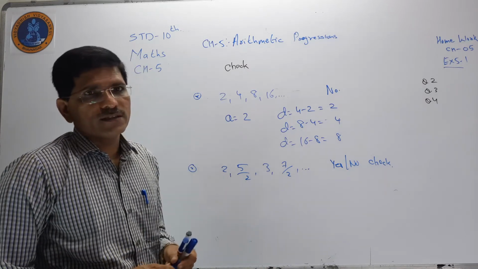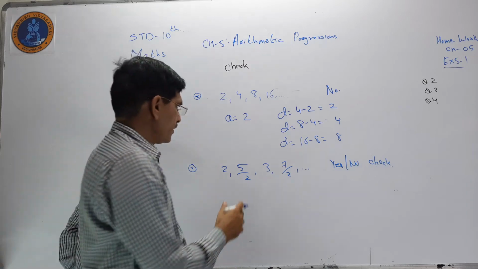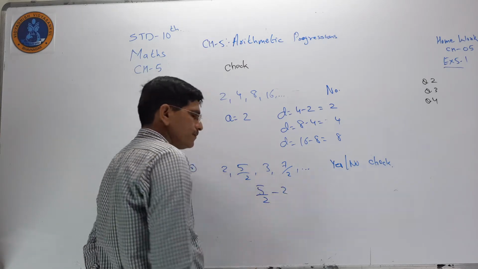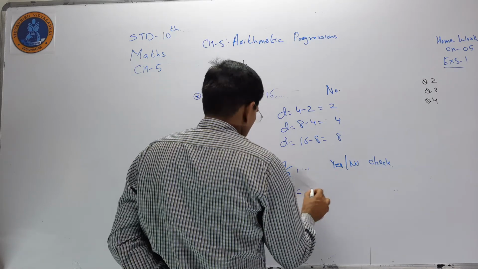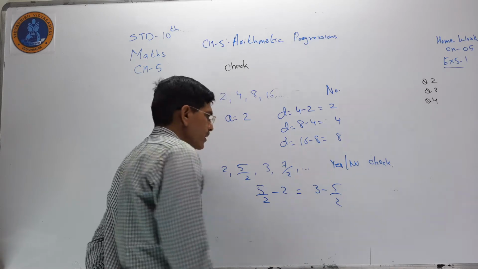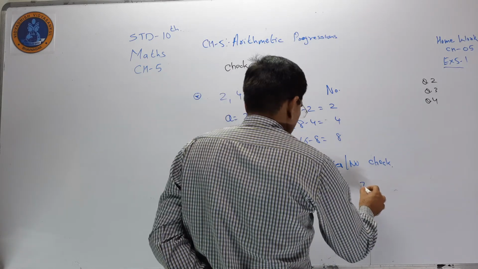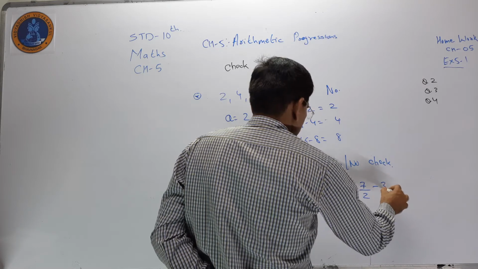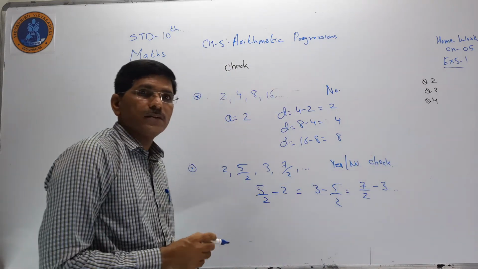First of all, what do I have to check? 5 by 2 minus 2 is equal to 3 minus 5 by 2 is equal to 7 by 2 minus 3.